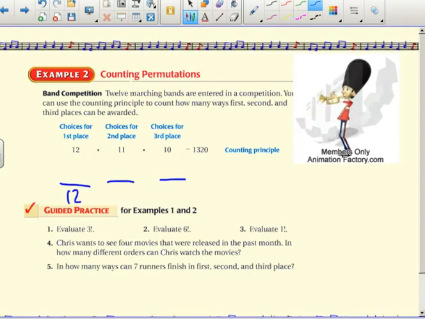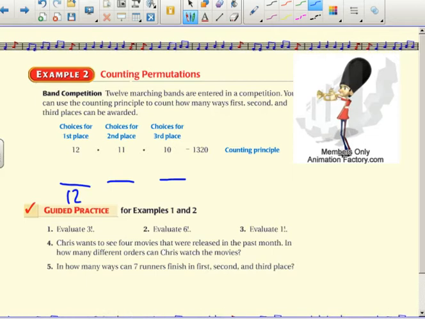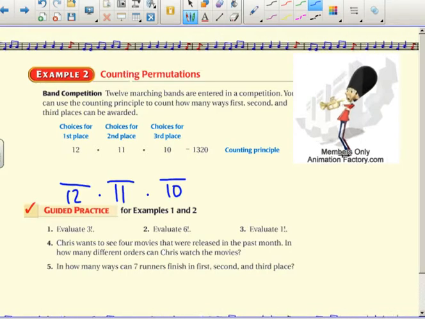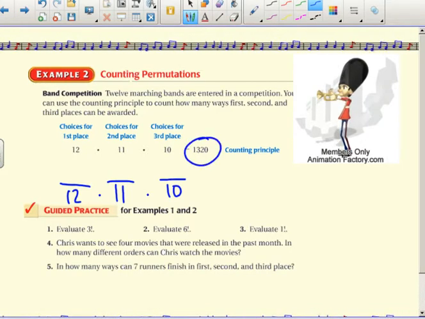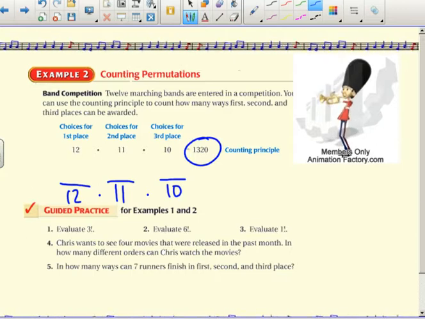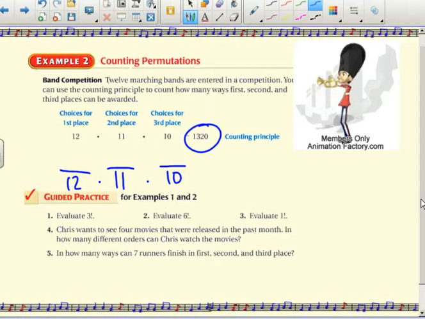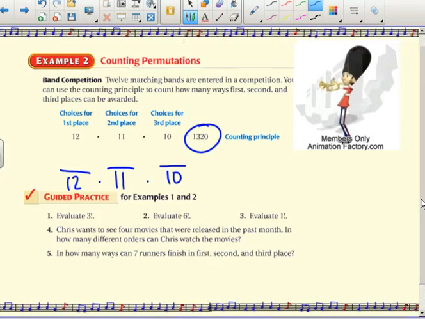So there's 12 bands that could be first, there's 11 bands that could be second, and there's 10 bands that could be third. So how many different orders could they be awarded first, second, and third? Well, you'd multiply those 3 together and get 1,320. So that's an example of a permutation. Notice that this one isn't 12 factorial because I do 12 times 11 times 10, and then I stop. I don't keep multiplying.